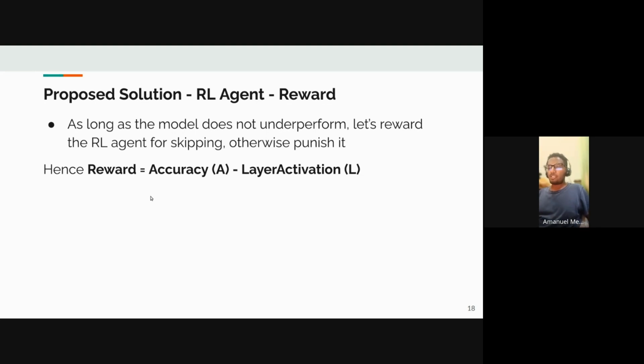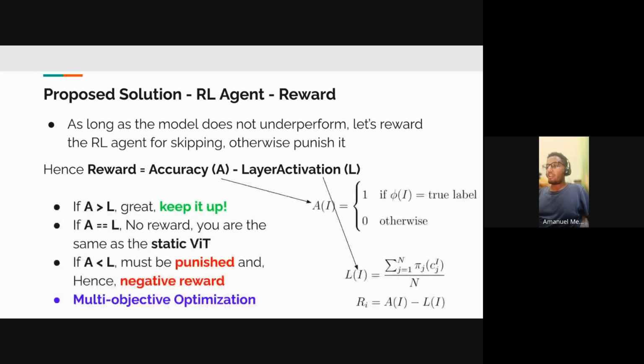The accuracy here: the AI is given an image, and the accuracy is basically whether the image is correctly classified or not. It's not the real accuracy that we typically compute with the classes. That's the whole thing that we need from here.